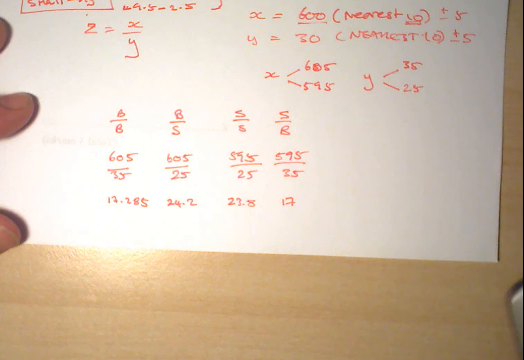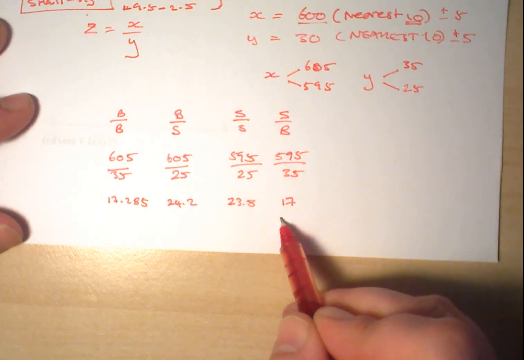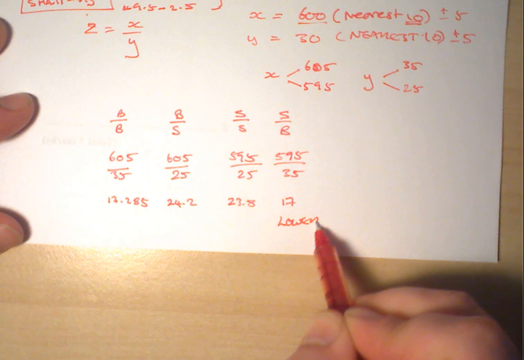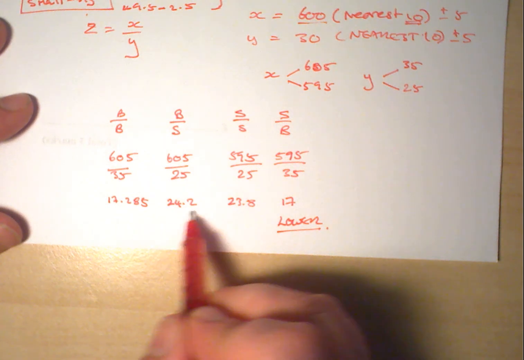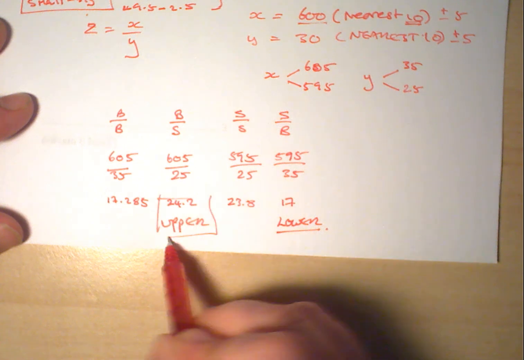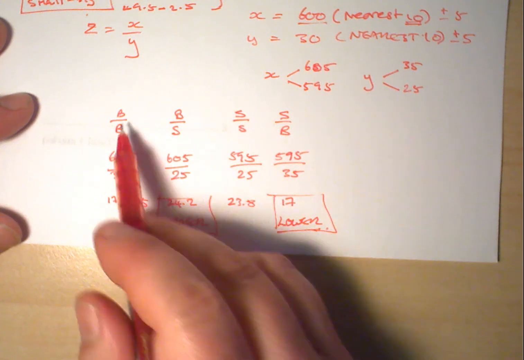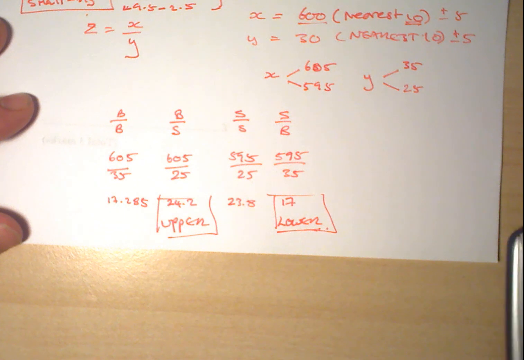So here you can see that my lower bound is 17, and my upper bound is 24.2. So just work out all the different combinations, put them all in the calculator, and work out which gives you the biggest number and which gives you the smallest number.